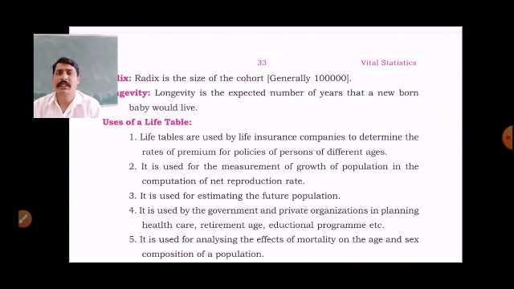So this is the gap. For 1,000 men, 950 women. So here men and females are not in equal ratio. Even if you take India, it was around 900. For 1,000 men, there are around 900 women. So we can study here.